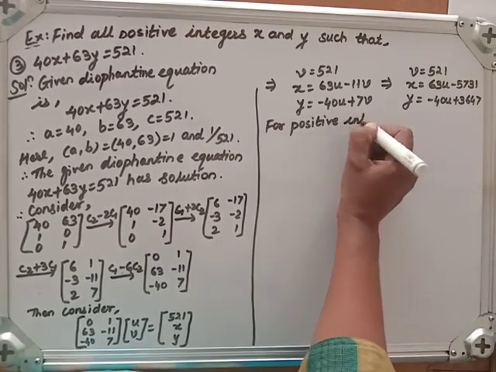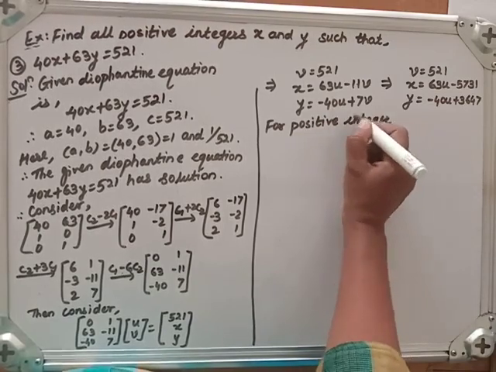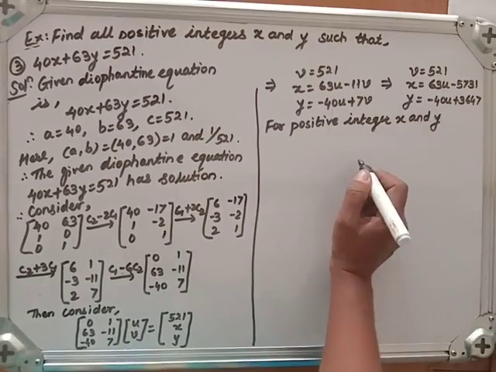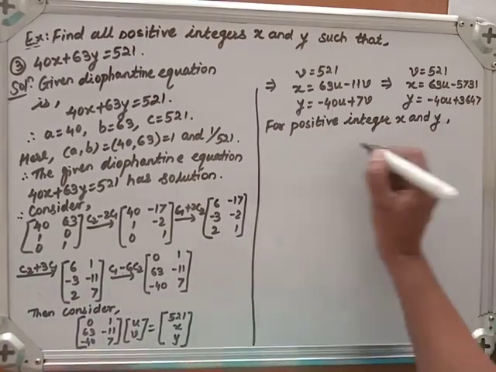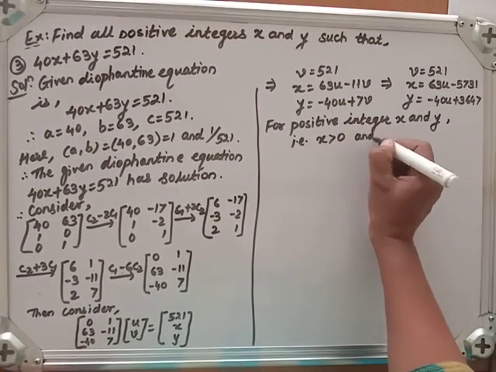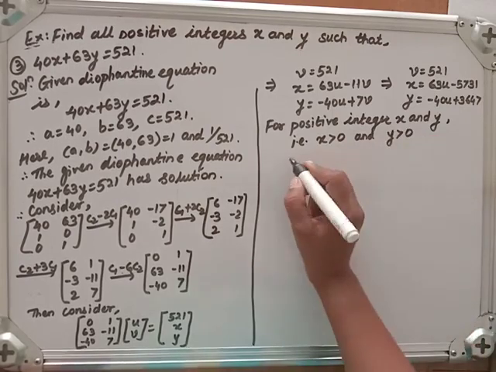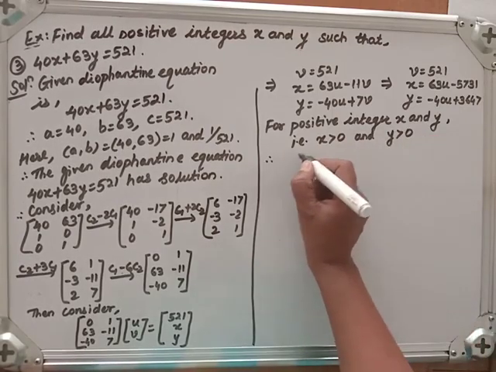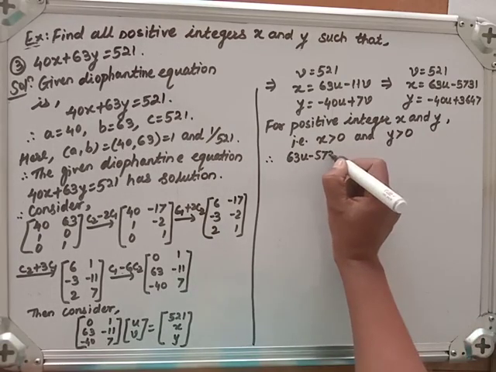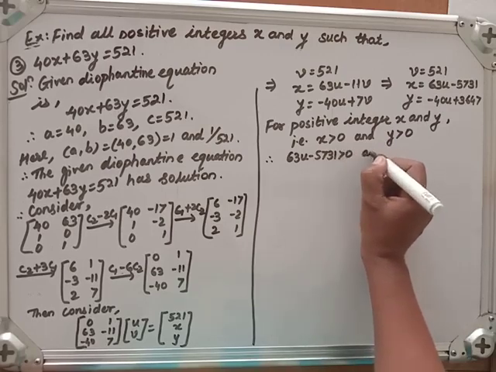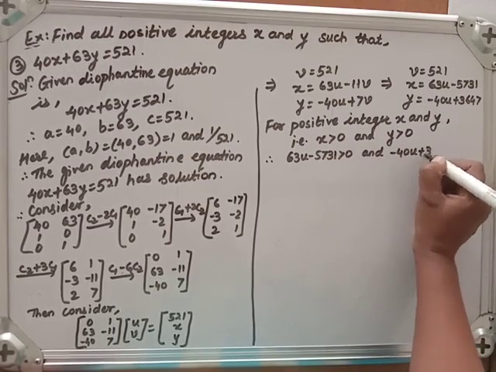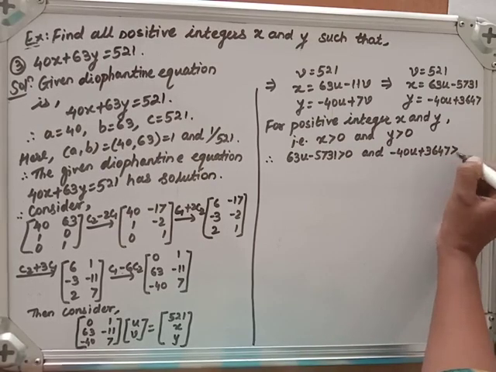Again, for positive integers x and y, that is x is positive and y is positive, therefore 63u minus 5731 is positive and minus 40u plus 3647 is positive.